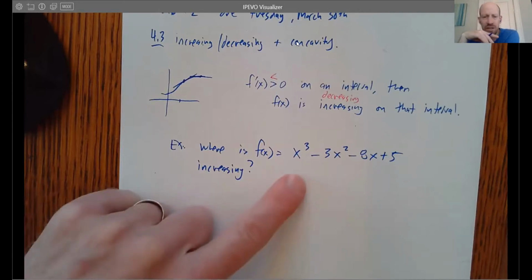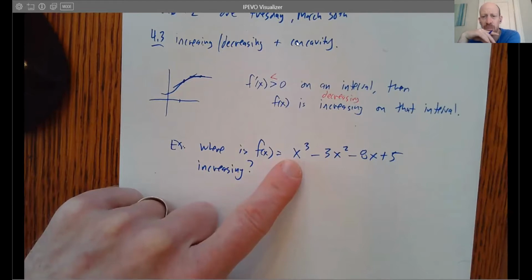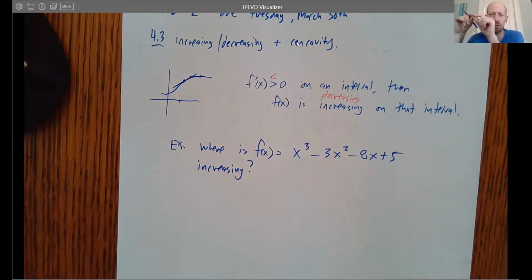In college algebra, you could maybe have figured out where it had zeros, or x-intercepts, but you wouldn't have been able to figure out where it goes from increasing to decreasing and back again. So this is powerful information, or at least hard to find otherwise.